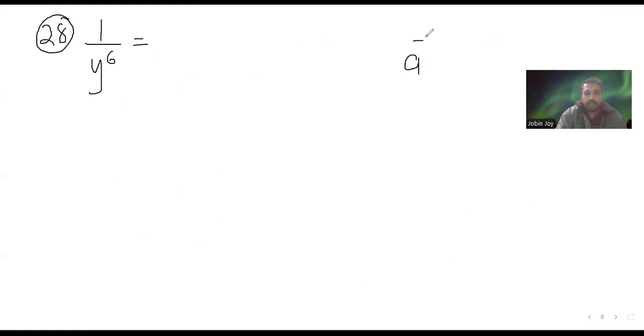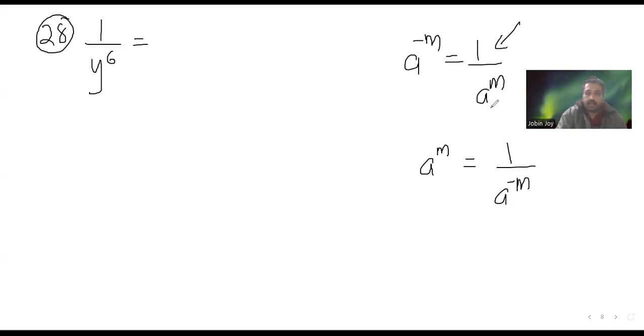So we know that a raised to minus m equals 1 by a raised to m, or by cross multiplication, a raised to m is equal to 1 by a raised to minus m. So we will apply this one. So 1 by y raised to 6 is equal to y raised to minus 6. So the answer is y raised to minus 6.